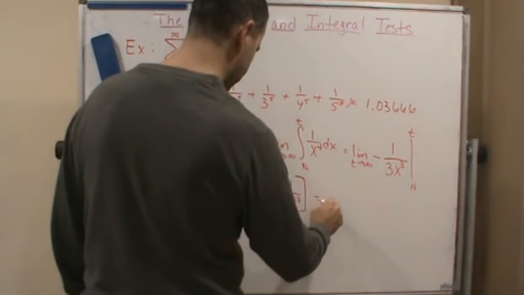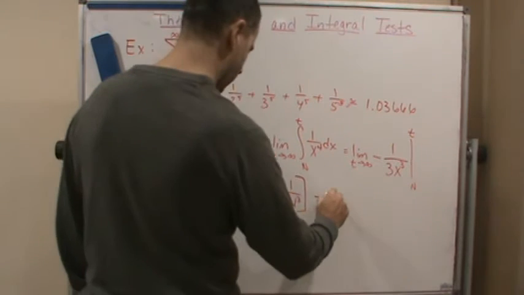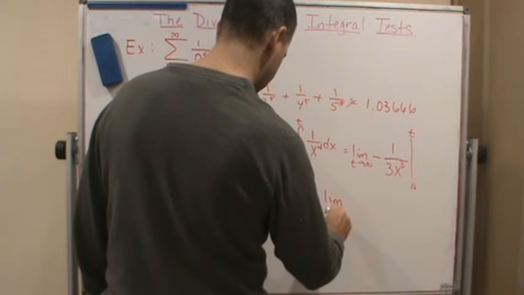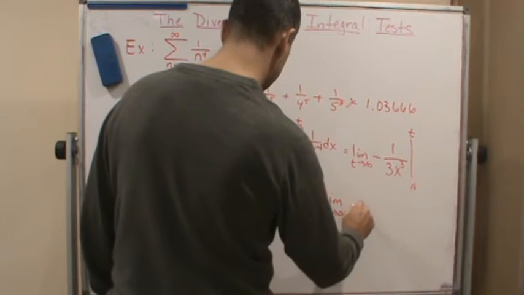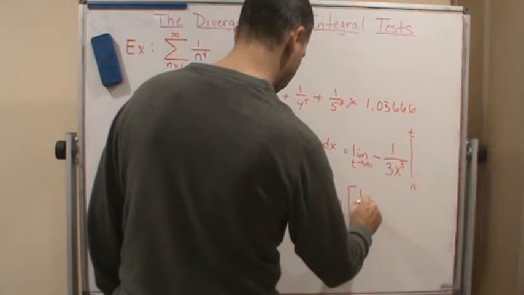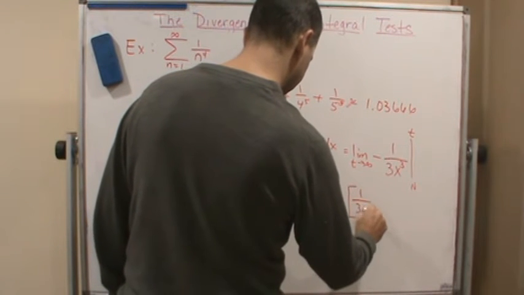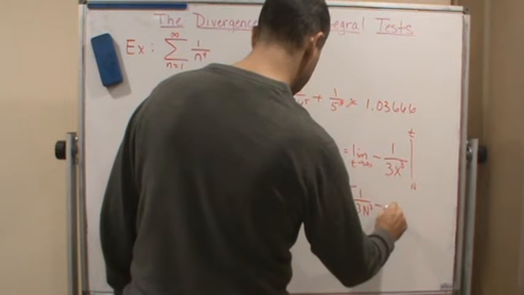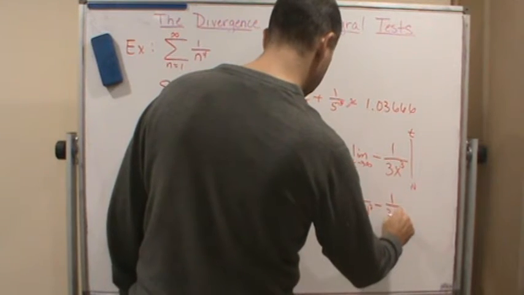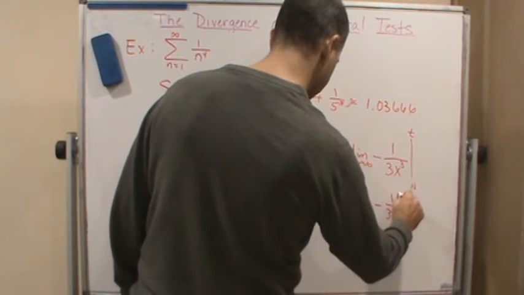And of course, this is going to be the limit as t approaches infinity of 1 over 3n cubed minus 1 over 3t cubed.